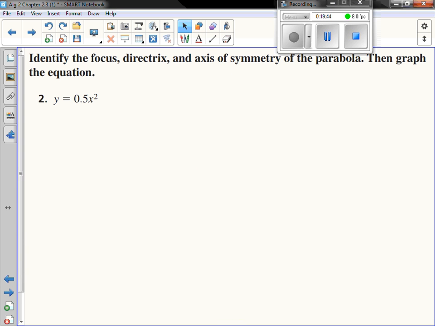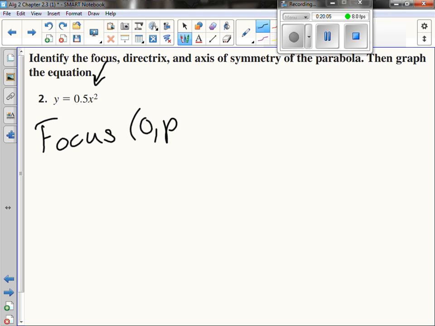We're going to do another one, this one here. So which variable is being squared? The x, yes? And since the x is squared, looking at our reference sheet, it says the focus is (0, p).